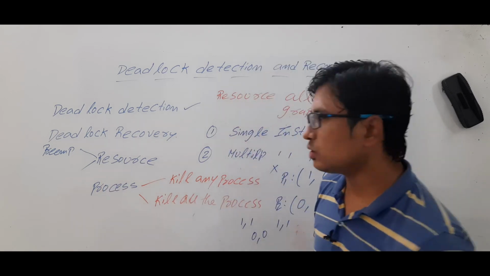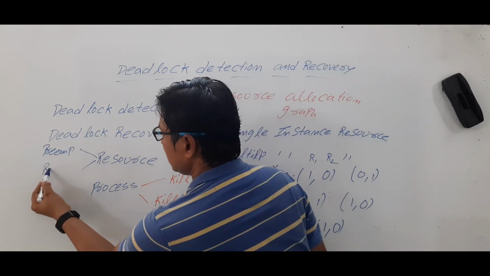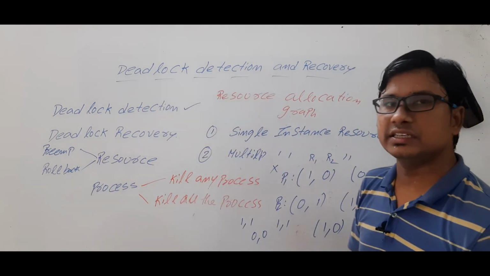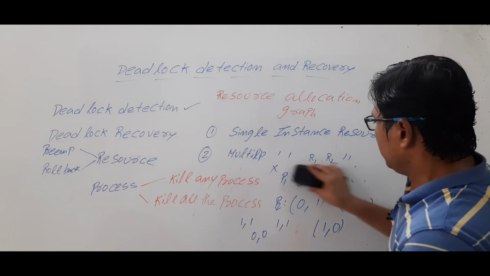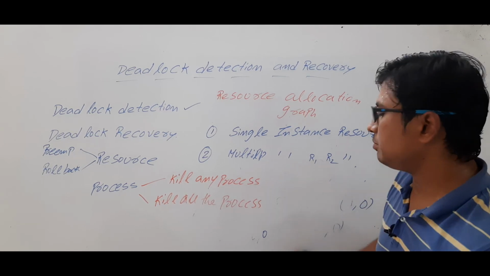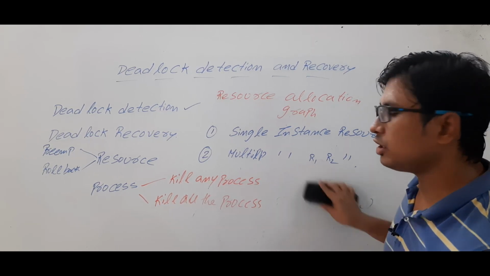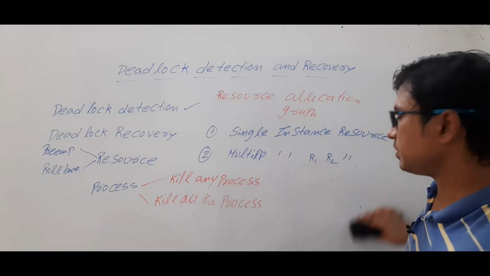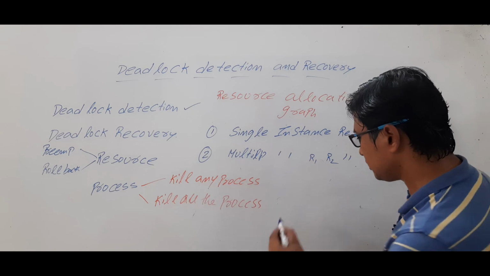Another one is rollback. Is it clear? Let's consider that at a particular instance there is not a safe state, meaning that with the current availability of the resources you are not able to allocate the resource to any one process. But in a previous stage, let's say you have stage 1.